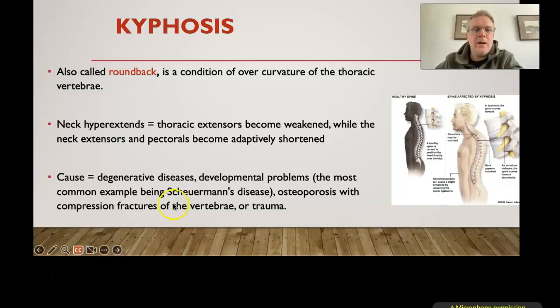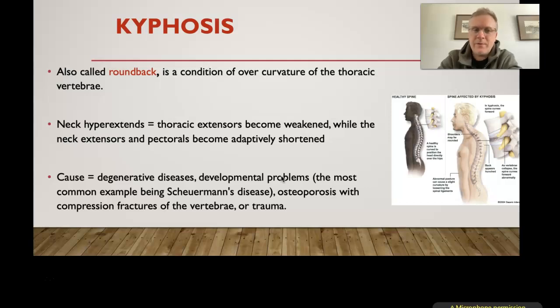Okay. Definitely some of the causes are degenerative diseases. We could have developmental problems where we see wedge shape epiphyseal plate abnormalities during birth and through development, where we could see these wedge shaped or triangle shaped vertebrae that are going to cause hyperkyphosis.